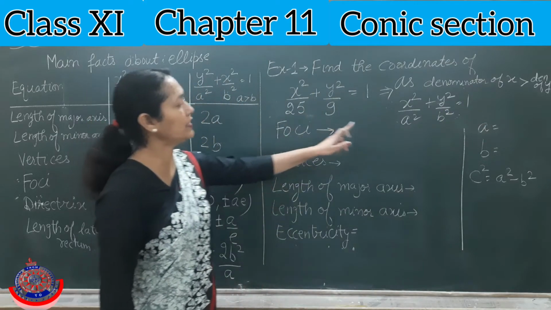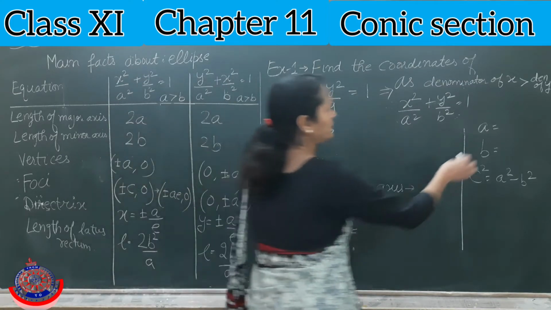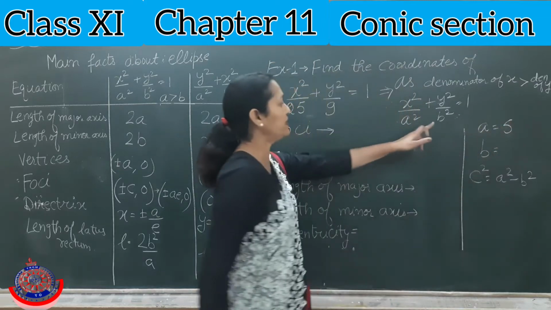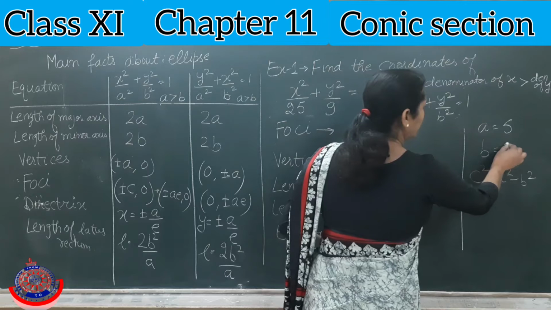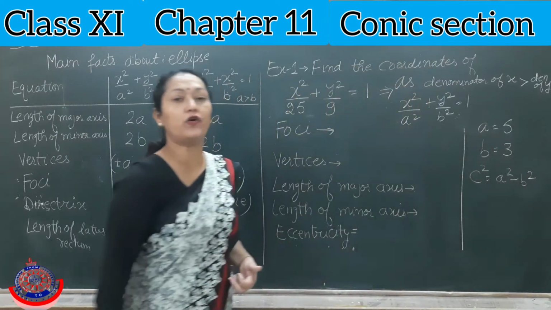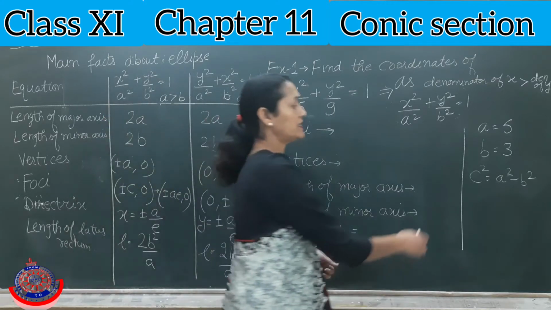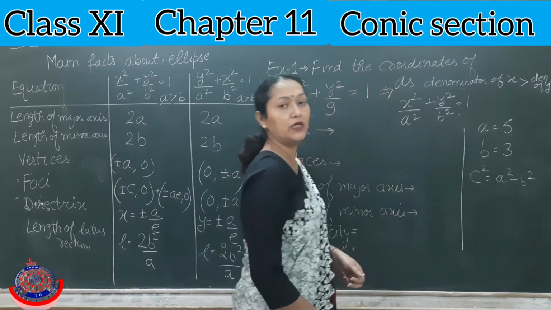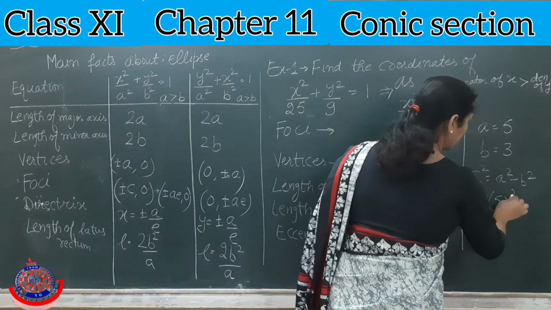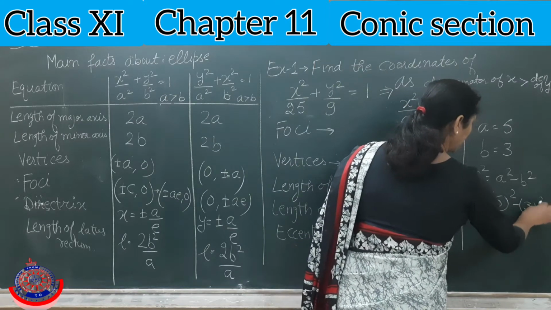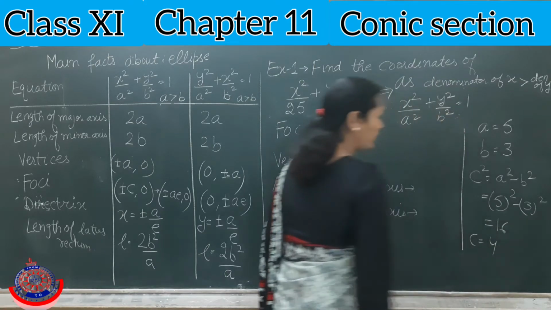So, comparing, a square equals 25, that means a is 5, b square is equal to 9, means b is 3. Relation of a, b and c we have learned, it is c square is equal to a square minus b square. So it will be 5 square minus 3 square. 25 minus 9, 16. So c comes out to be 4.